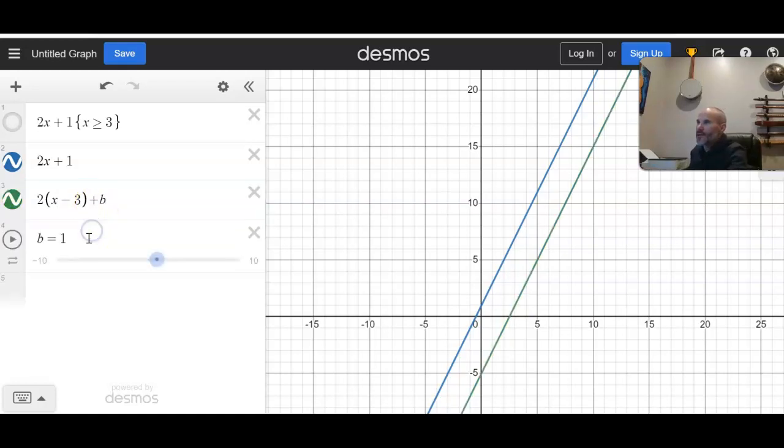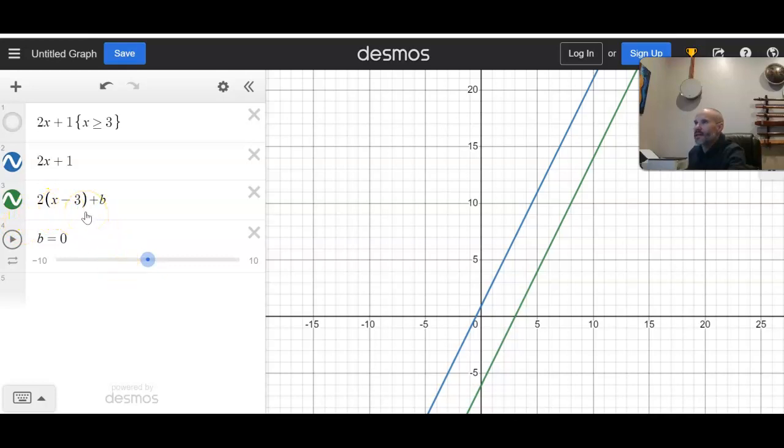I'm going to insert a slider here, and notice that when b is 0, then we have just taken our function and shifted it over to the right a certain number of units. It's not quite 3 units. It actually ends up being more than that.